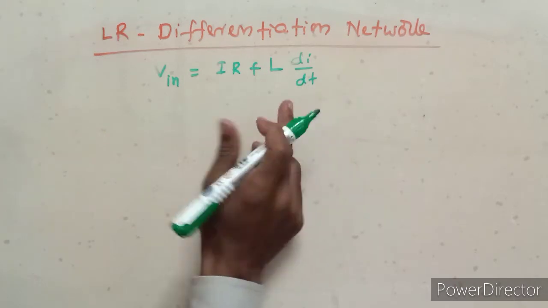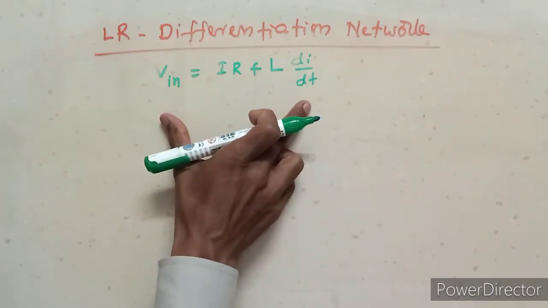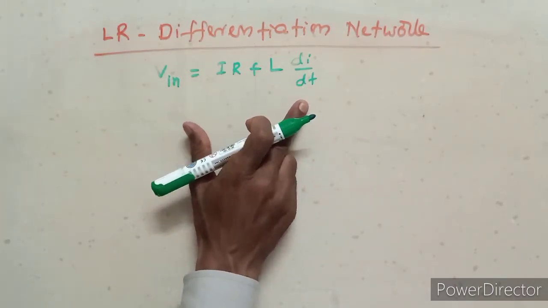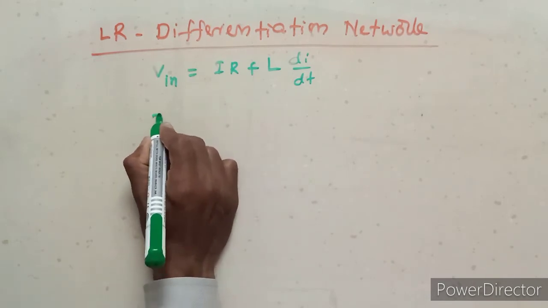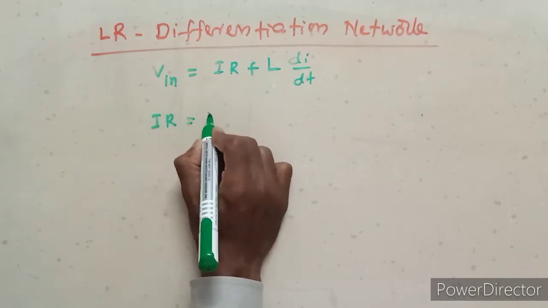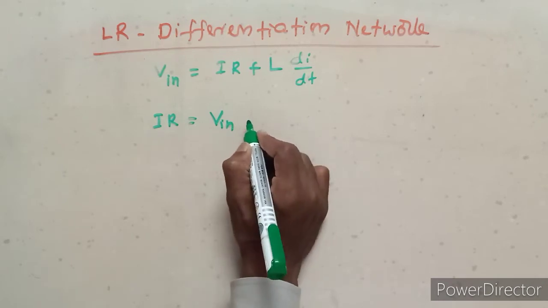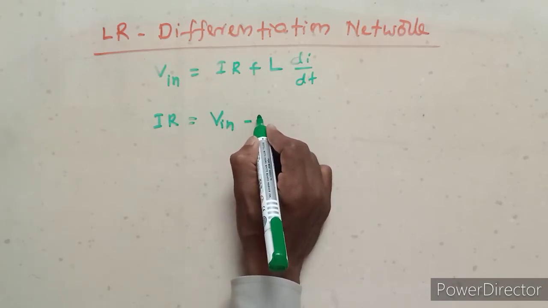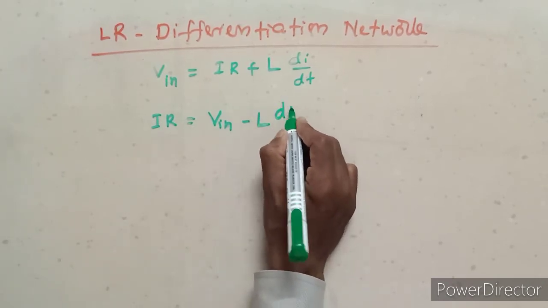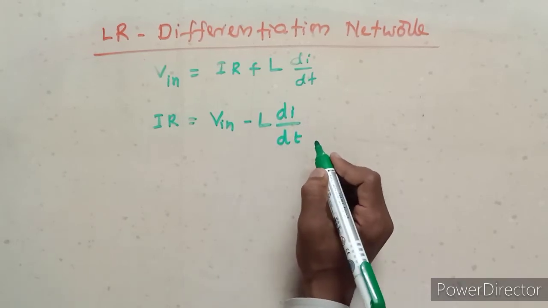So this equation can be written as IR equals input voltage minus L di upon dt.